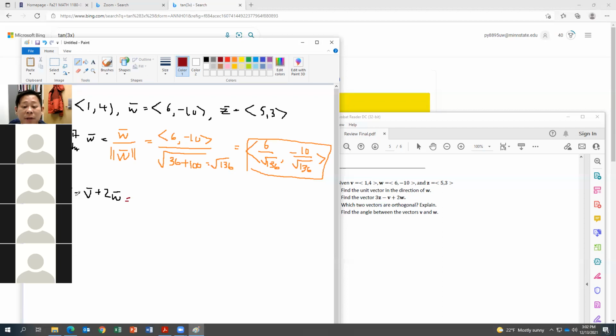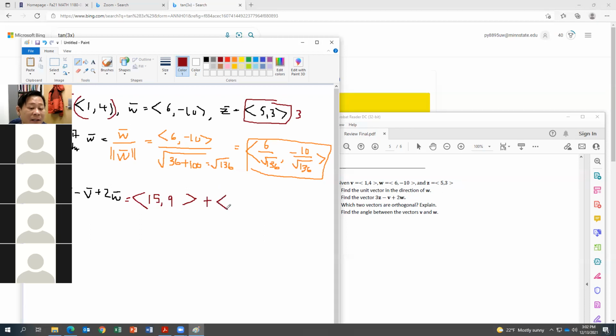B, you need to find 3z minus v plus 2w. So 3z means you take the vector z and then you multiply this by 3. So what do you get? It will be 15 and 9. Now you have to minus vector v. So when you minus, this negative will distribute to inside, so this will become plus now.